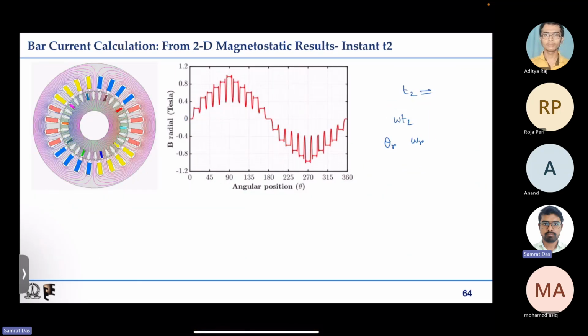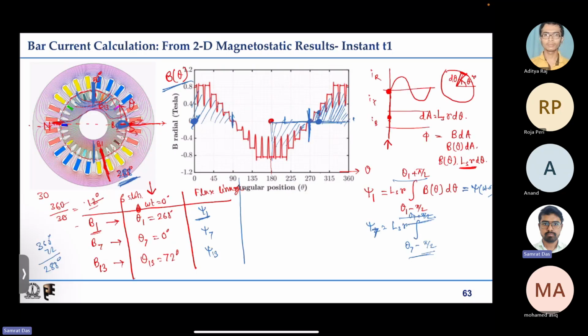So for theta 1 at omega t2, if we look at the different bars, b1, b7, b13, first at omega t2 we have to calculate what the theta values are.